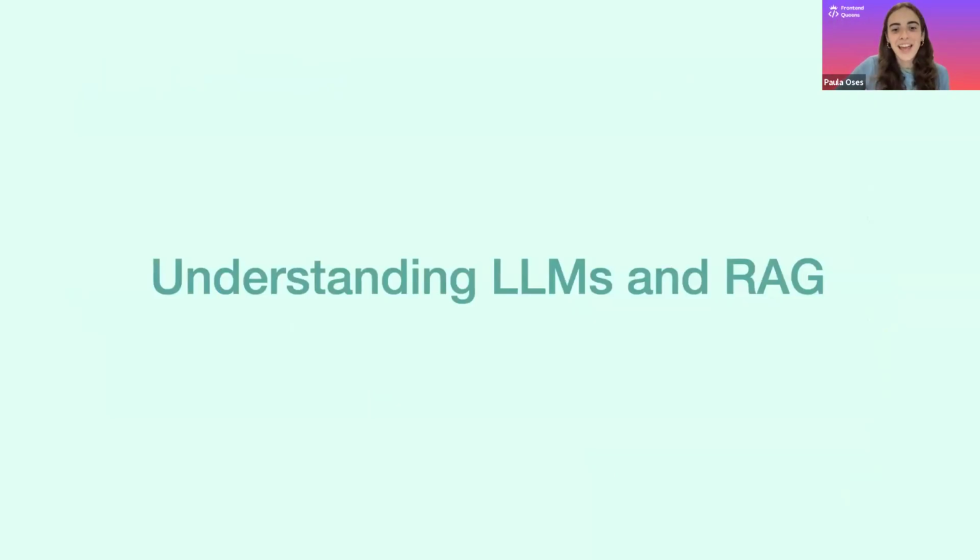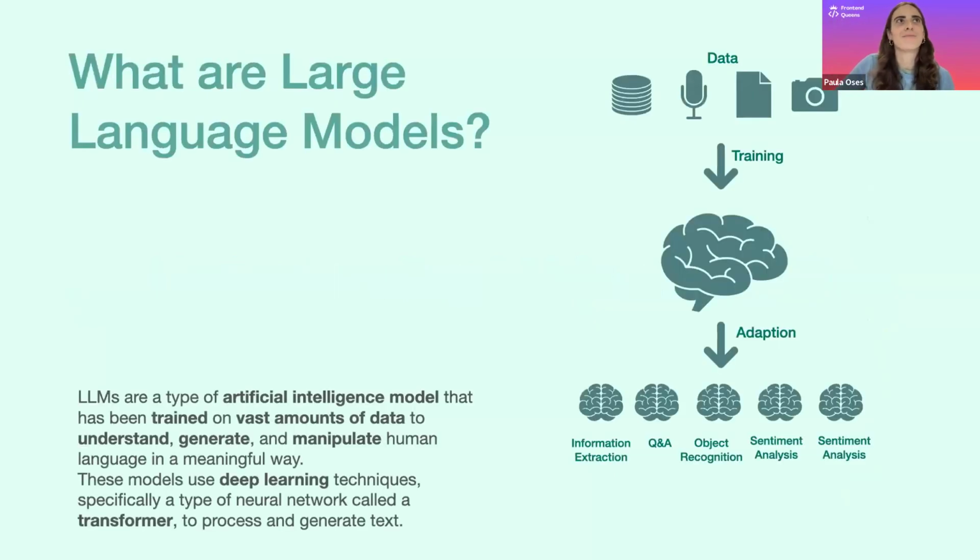So let's start with some basic theoretical concepts. I don't know how comfortable you are with these topics, but I guess everyone is pretty comfortable talking about large language models because they are super popular now that ChatGPT is so huge. But to give a brief description, large language models are a type of artificial intelligence that are special because they are trained on a huge amount of data, and that's how they are able to understand and communicate in a human language that we can actually understand.